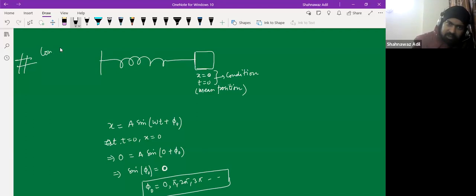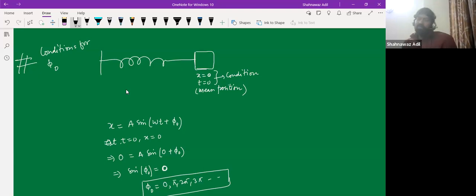Conditions for SHM. Please note it down. And tomorrow we'll try to complete this chapter. Now that we already know the displacement, we'll try to calculate velocity, acceleration, energies, and then finish this chapter.